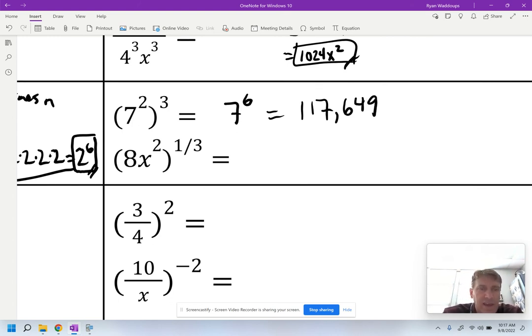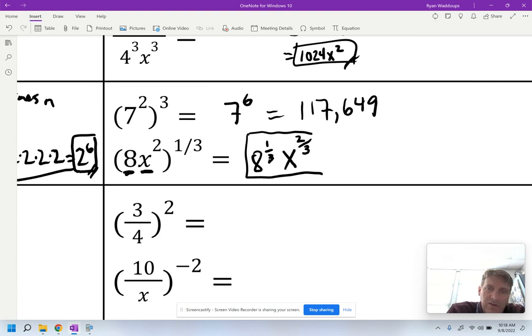Then we've got 8x squared, all raised to the 1/3 power. Here, there are two parts, and so each of them that are multiplied gets raised to this power 1/3. And so that's 8 to the 1/3 power, and x, 2 times 1/3 would be 2/3. And so that would be our answer. You can actually simplify 8 to the 1/3 if you wanted to.